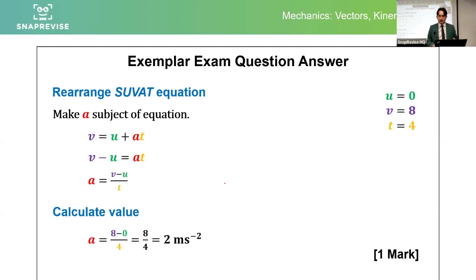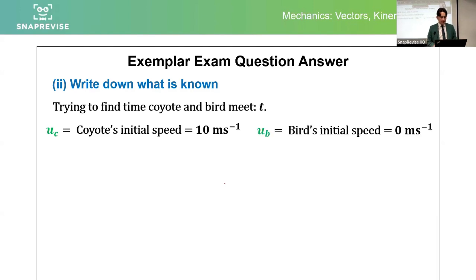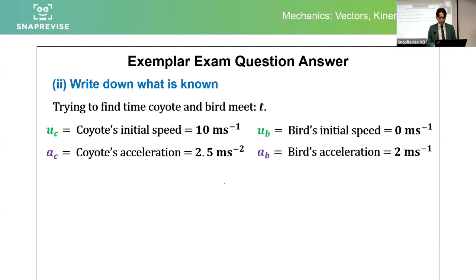Now, this is the bit where it gets a bit involved. We're trying to find the time for the coyote and the bird to meet. So let's call that t. This is the variable we're exploring and trying to find. Now we've got 2 different things going on, and for a lot of people, that's really awful to track and keep in check. But basically, let's list out what we have, which is quite a lot.